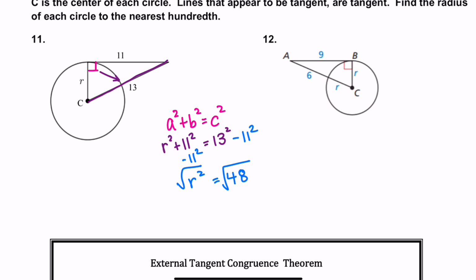We will not be putting a plus or minus sign. We will just be putting this exactly into our calculator, and we will get 4 square root of 3. If you want the exact answer for your radius, it would be 4 square root of 3. However, they tell us to round to the nearest hundredth, so I'm going to change this so it's an approximation, and it's 6.93 units long for the radius-ish.